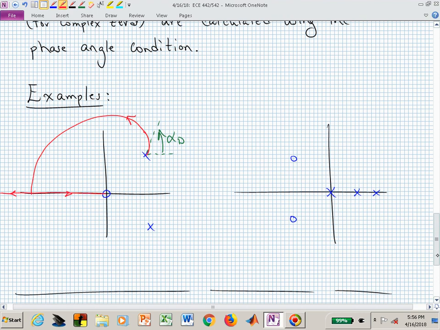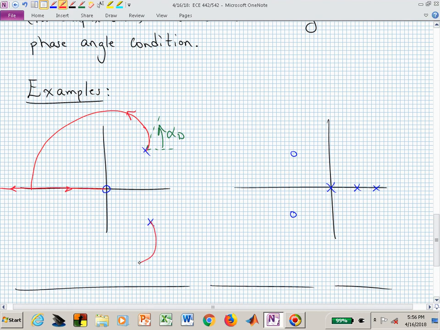So this has to look the same, and it would do that. And the way that we depart that complex pole, we're going to calculate as alpha sub d, and that will inform our picture. It will make our picture a little bit more consistent with the real root locus. That's why we calculate that alpha sub d.